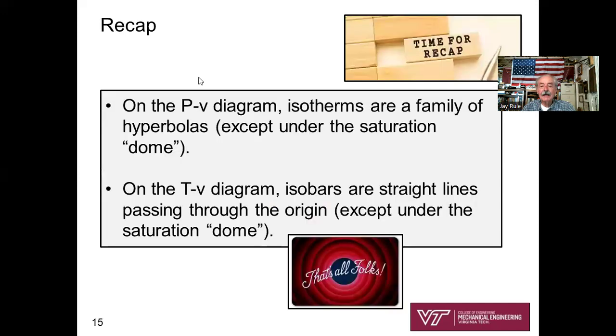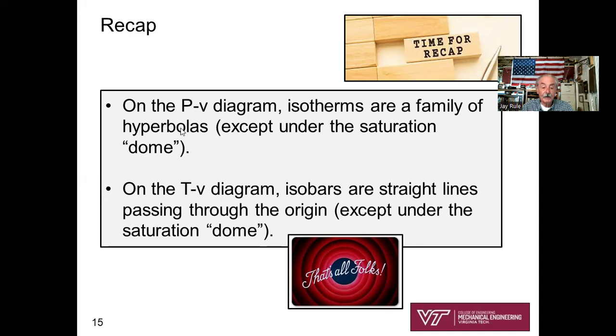So you may say, so what? This doesn't have anything to do with the homework. That is quite true, and that's why this is going to be a little bit of a short video. I don't have any example problems to demonstrate. But my hope on this third video was to give you a way to help remember the shape of an isotherm on a PV diagram and the shape of an isobar on a TV diagram.